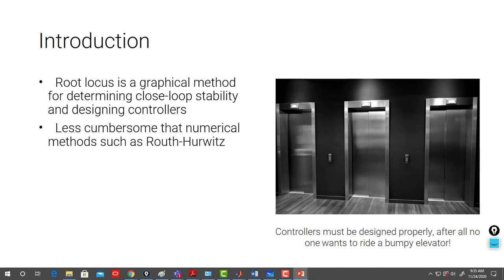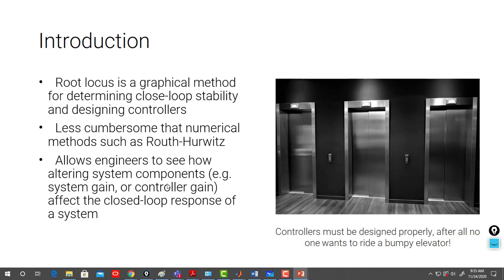They are saying it's less cumbersome than numerical methods such as Routh-Hurwitz. Routh-Hurwitz is a numerical method used to determine stability. It's easier than Routh-Hurwitz, less complicated. It requires less calculation.